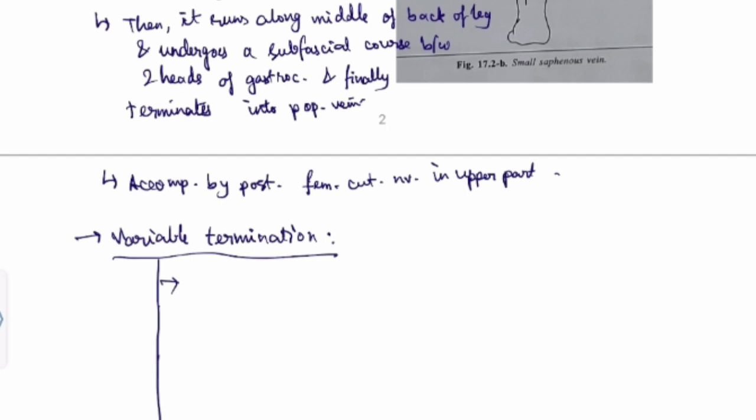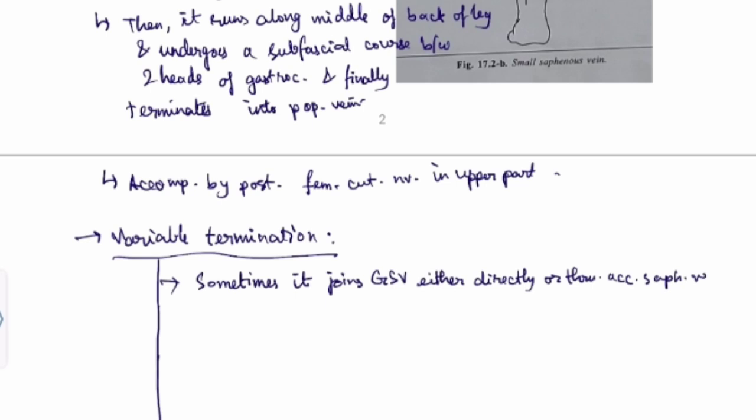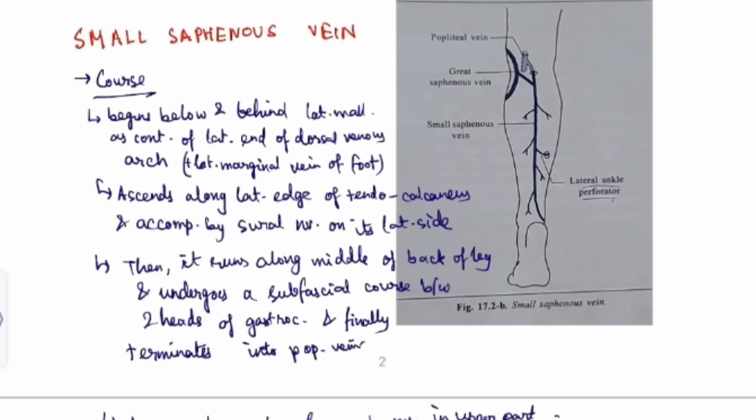Okay. So sometimes it joins the great saphenous vein, either directly or through the accessory saphenous vein. I hope you can see in the middle, this is the accessory saphenous vein.